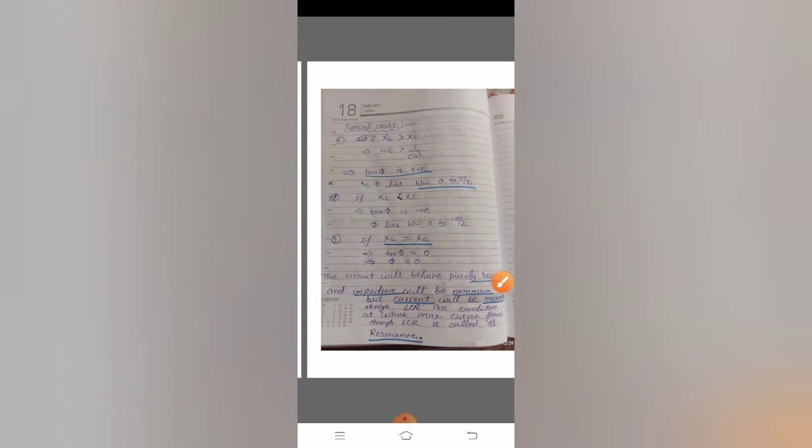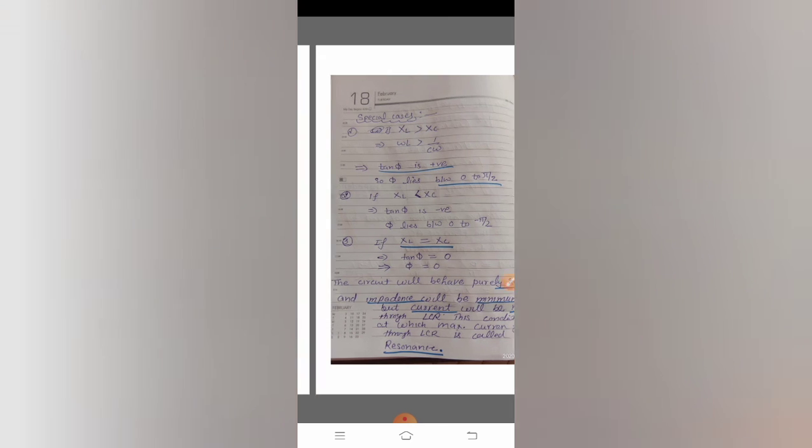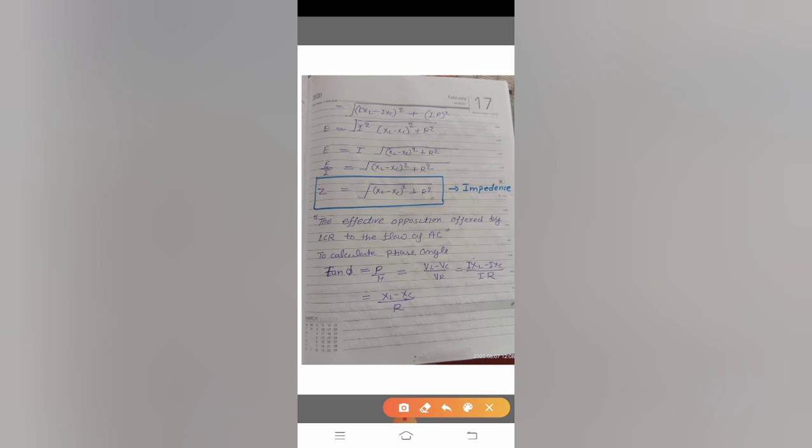If your phi is 0 students, what will remain in the impedance? If your XL is equal to XC, then phi is 0, that's another thing. But you just see from here that if XL is equal to XC, then Z will be equal to what? Obviously, then Z will be equal to R.